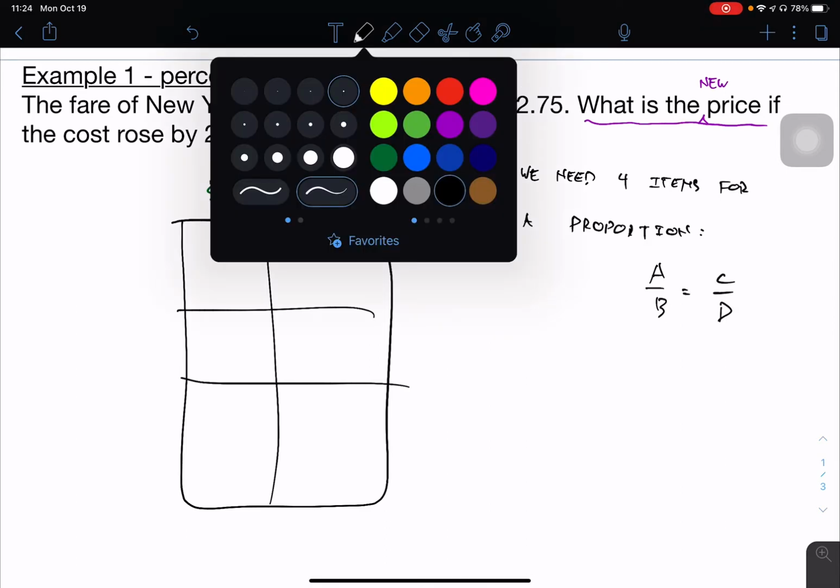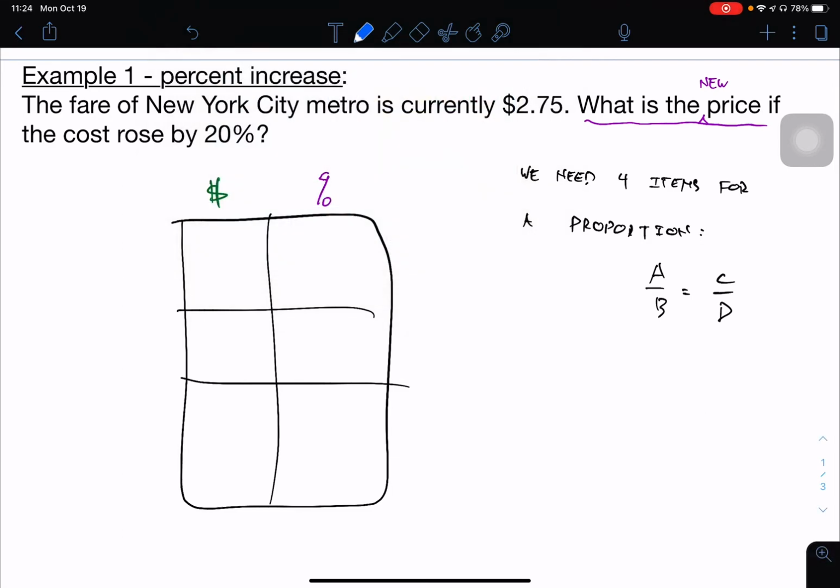Well, I'm telling you right now, when you do these problems, anything that relates to percentage in terms of increase, decrease, sales tax, all that fun stuff that I listed earlier, you need 4 pieces of information. And the problems always give you 3. So what are the 3 here? Here's 1. Here's the new price. We don't know what it is, but they give you it. And there's 20%.